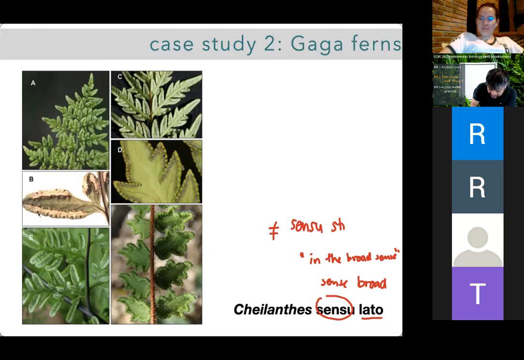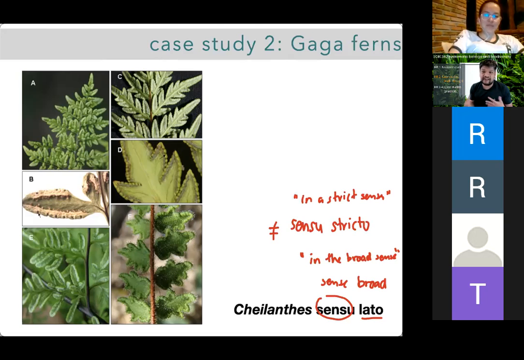Anyone want to guess? Stricto. In a strict sense, like really narrow definitions. You see this used a lot in taxonomic papers, like Cheilanthes sensu stricto or sensu lato, a broad sense or a narrow sense, a big definition or a smaller definition. So this group used to be called Cheilanthes sensu lato, in the broad definition.